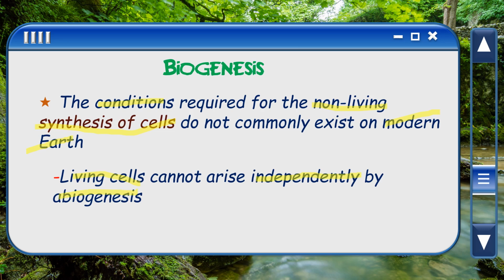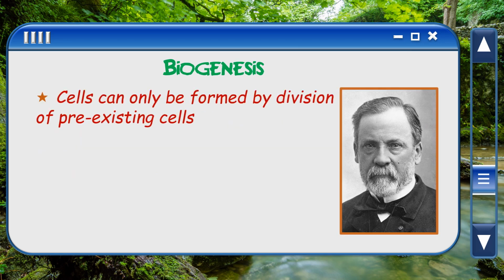They say that a living cell cannot just come from nowhere by abiogenesis where there are no conditions. Cells can only be formed by division of pre-existing cells.